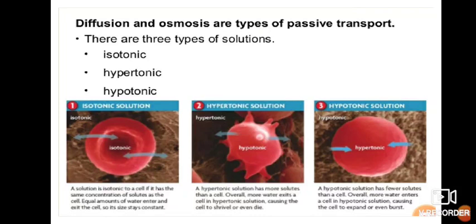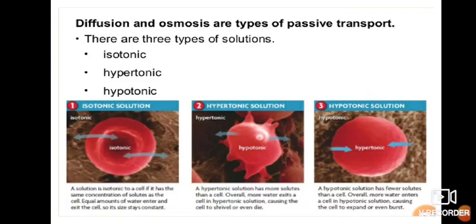Such a solution is known as hypotonic solution. Then, if the medium has lower concentration of water than the cell, meaning that it is a very concentrated solution, the cell will lose water by osmosis. Such a solution is known as hypertonic solution.